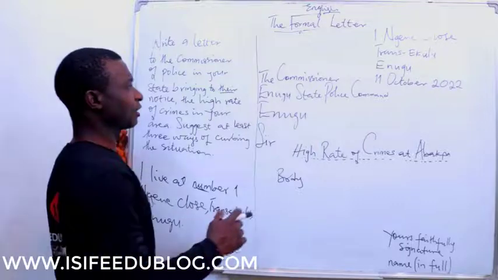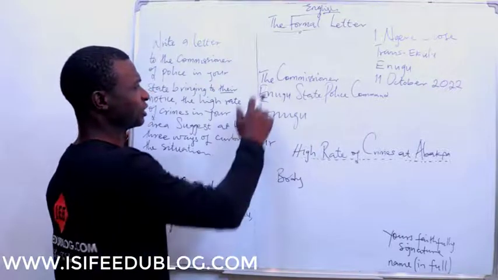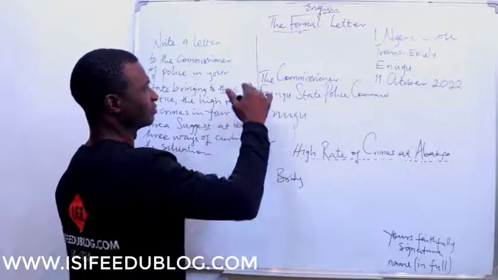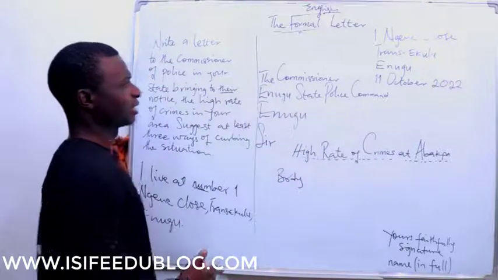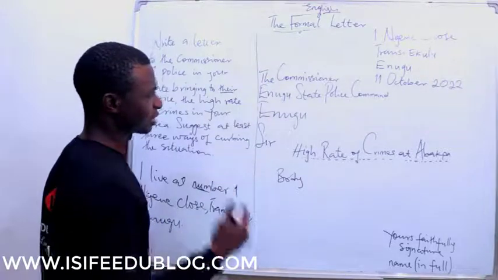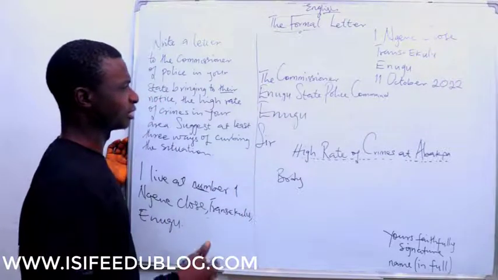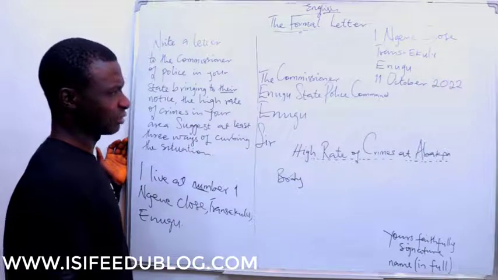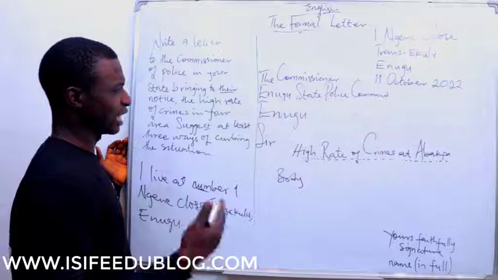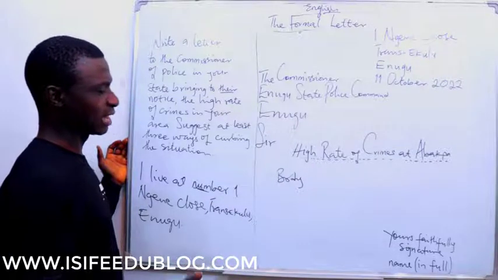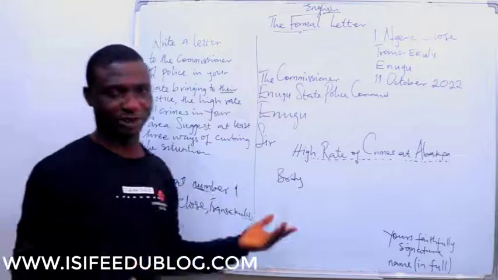Now, if I had started with the name, Mr. or CP Abaribe, for instance, if I started with something like that, CP Abaribe, the Commissioner, Enugu State Police Command, I have written the name of this person.